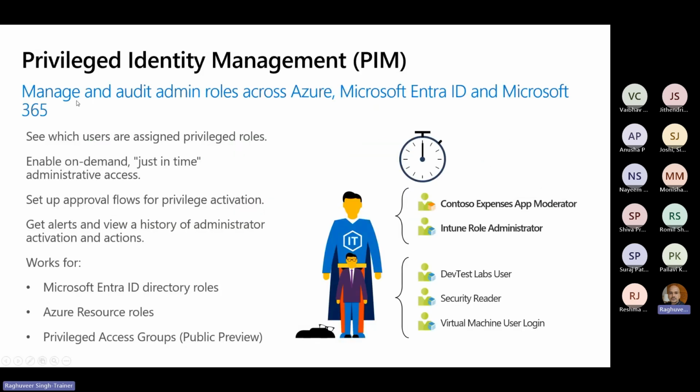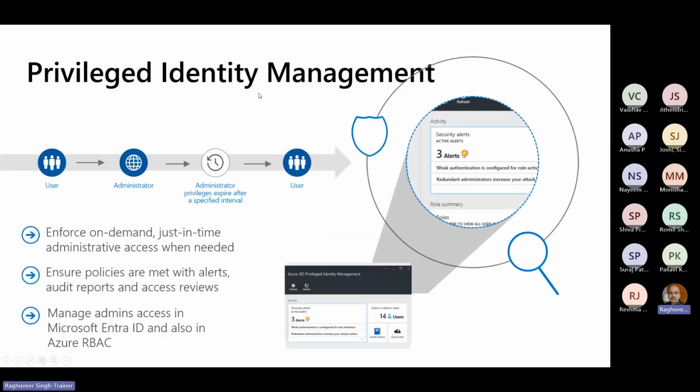It says Privileged Identity Management: manage and audit admin roles across Microsoft Entra ID and M365. We discussed that. And it says just-in-time access, approval workflows, get alerts when activation happens. We talked about all of it. Privileged Identity Management, it shows you the flow of how this happens. Users, then you have administrators.